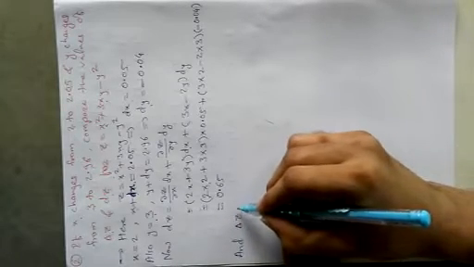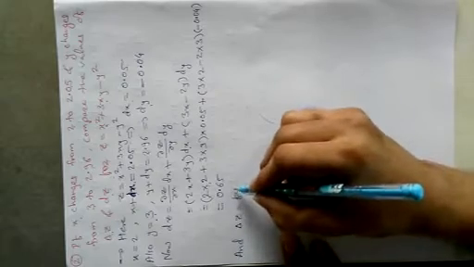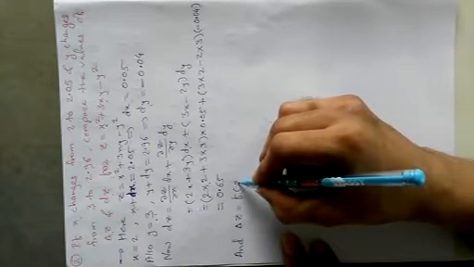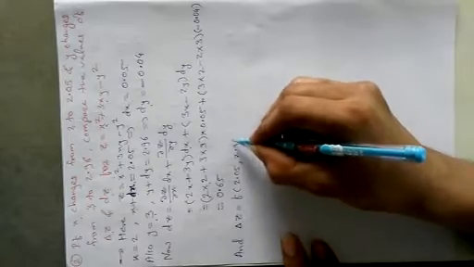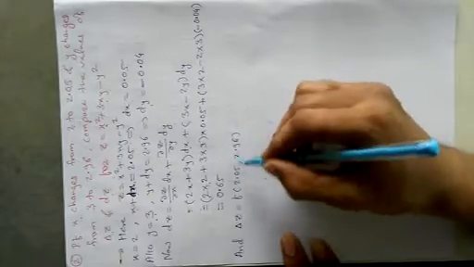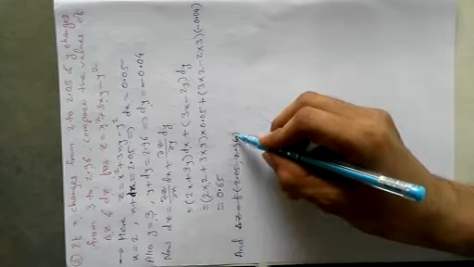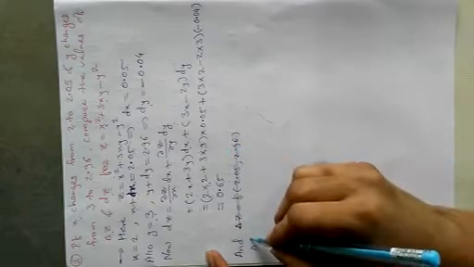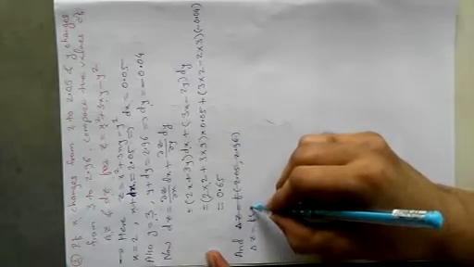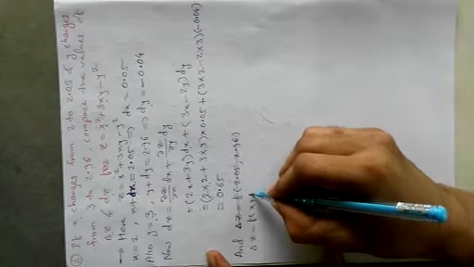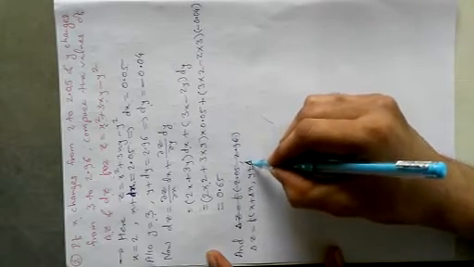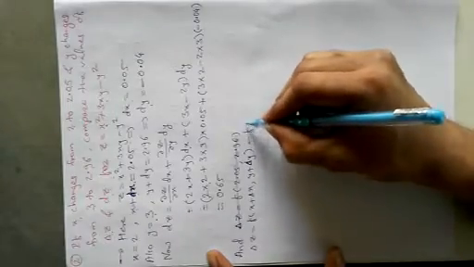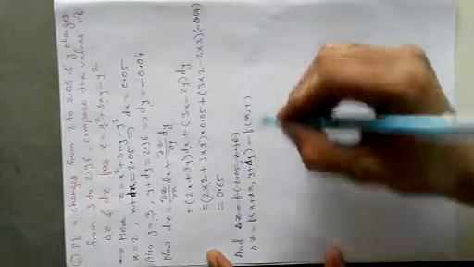differentiable function. Delta z will be f of 2.05, 2.96. Instead of this we will use this notation. Delta z is equal to f of x plus delta x, y plus delta y, minus f of xy.